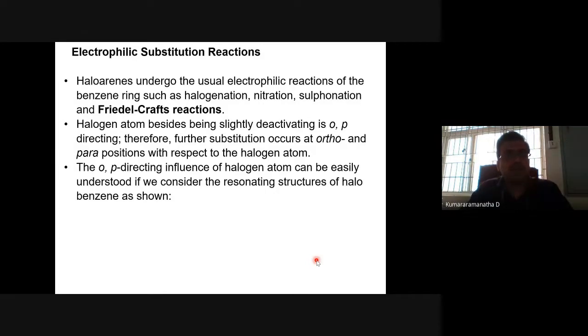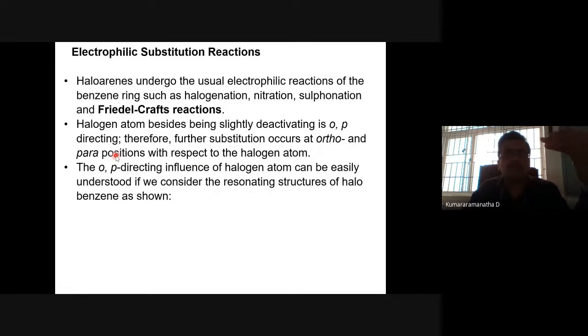Many of you might have already studied the Friedel-Crafts reaction. Whatever I have shown so far is aliphatic. Let us take haloarenes. They undergo electrophilic reactions like halogenation, nitration, sulfonation, and Friedel-Crafts reaction.